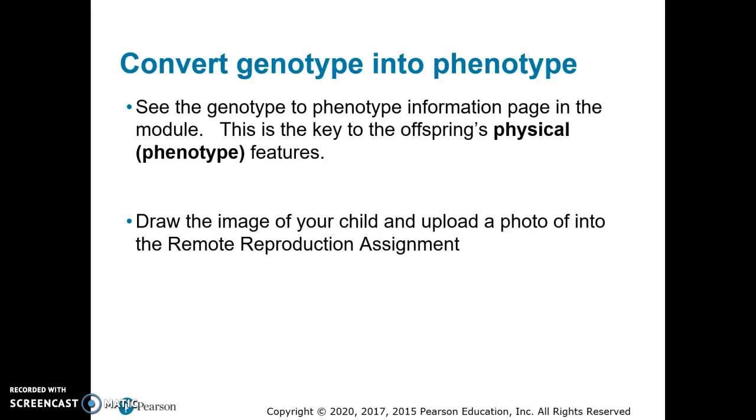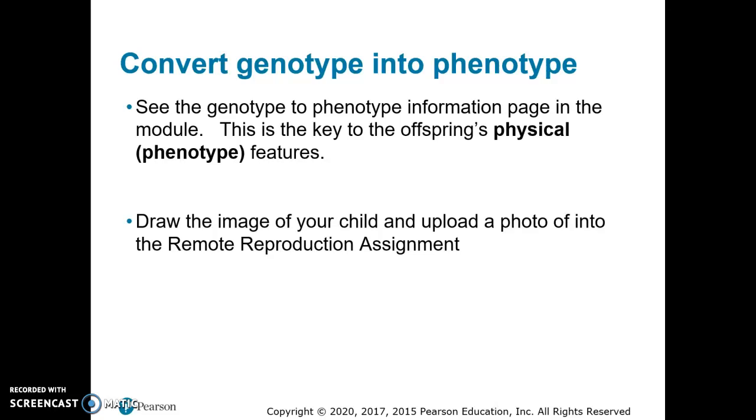You can always go back and make yourself another gamete, start flipping the coins again, and have a second child, a third child, a fourth child, and look at the physical features, and what you'll see is that your children don't look identical to each other.